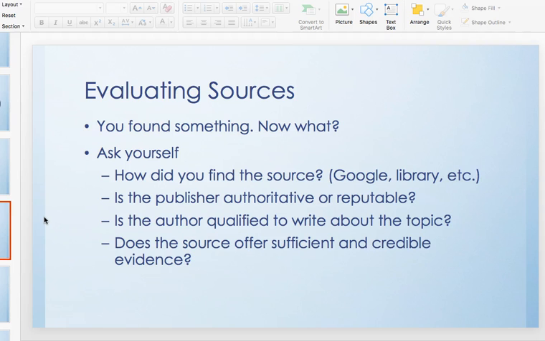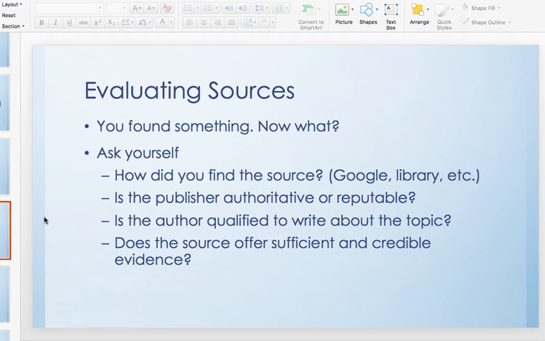The next thing to ask yourself is, is the publisher authoritative or reputable? Let's say, for example, the publisher is just a guy who no one knows by name and has no significant reputation. He probably just sits in his basement and blogs about whatever. Is he really going to be authoritative or reputable?